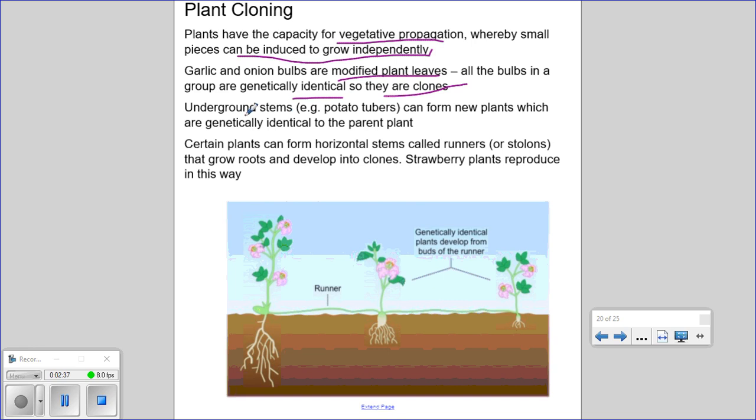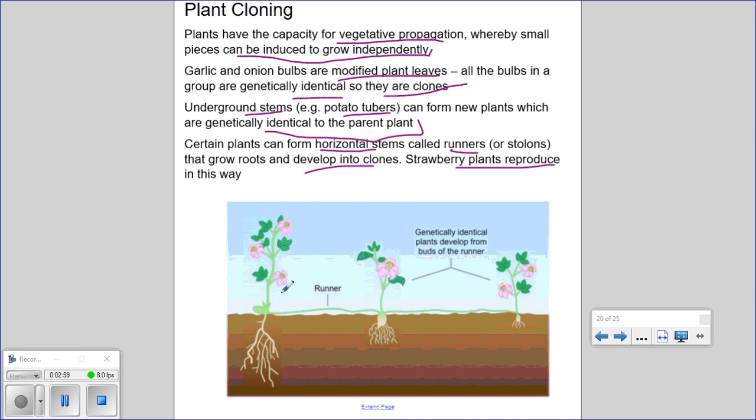Now you can have underground stems, for example, potato tubers, that can form new plants which are genetically identical to the parent plant. Now, certain plants can form horizontal stems called runners that grow and develop into clones. So strawberry plants reproduce in this manner, for example.